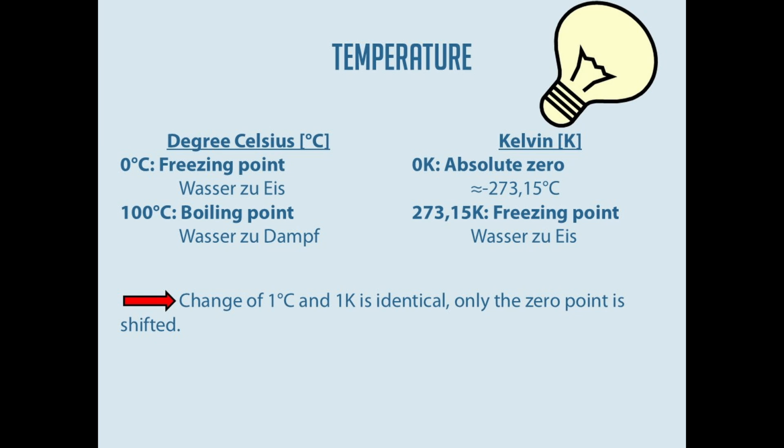The simple thing about the Kelvin scale is that the change of degrees Celsius and Kelvin is identical. This means that we simply shift the 0 point downwards and then have another unit at the back. We will need this later for the formula, but you will see that in a moment. We don't need to go into it here.